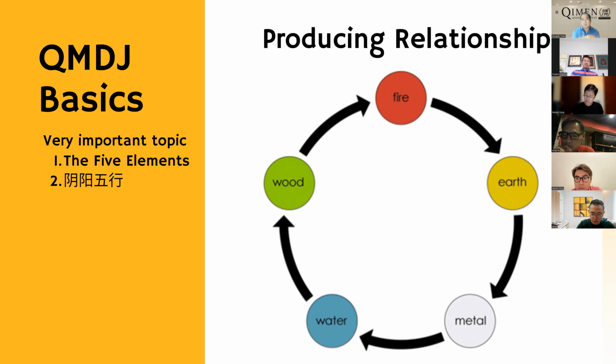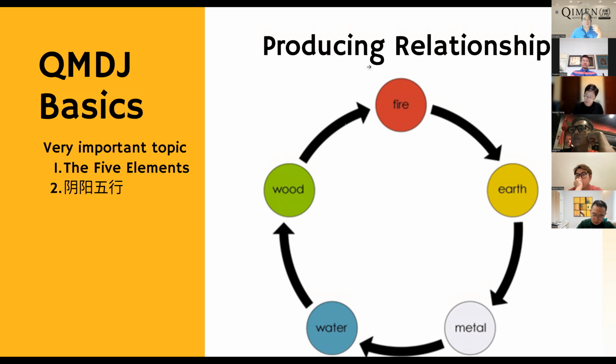In this case, the wood goes from 100% down to 80%. So there's a difference. The one that receives the energy will increase from 100% to 150%. But the one giving the energy, producing the other, is going to reduce in energy.